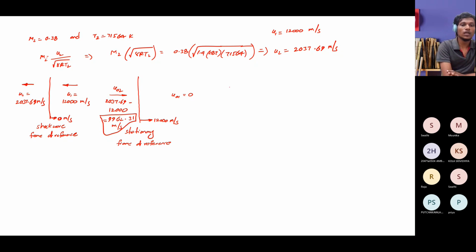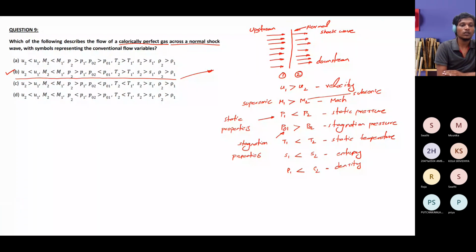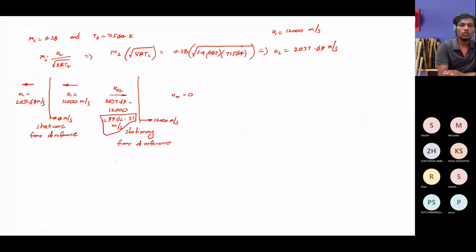So now you have u02 as 9,962, but with respect to the question, the data they gave is for M02. So we need to find M02, the Mach number corresponding to the flow velocity that crosses the shock wave. How to find M02? M02 equals u02 divided by a2. Note that this is a2, the sound velocity.